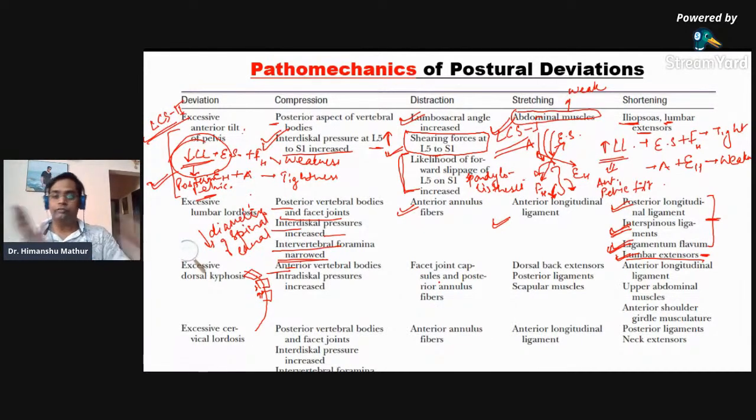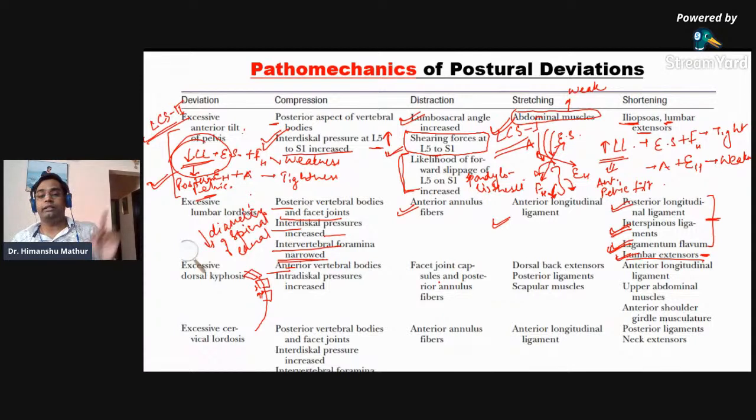Again I would tell you, if it is going into hyperkyphosis, it means the thoracic spine is going into flexion. If it is going into flexion, the inferior facet of the superior vertebra will go anterior and superior. So there will be a reduced articular surface between the facet joint.